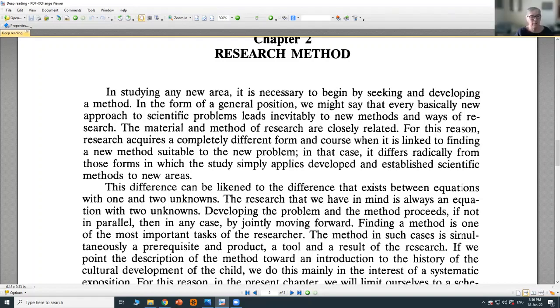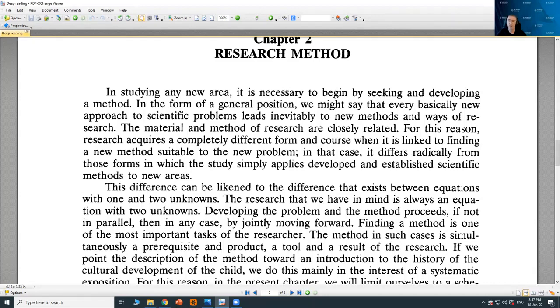We can say because of this, research acquires a completely different form and course when it's linked to finding a new method suitable for the new problem. The key word here from my point of view is suitable for the new problem. So a method should be suitable because material and method are related, right?